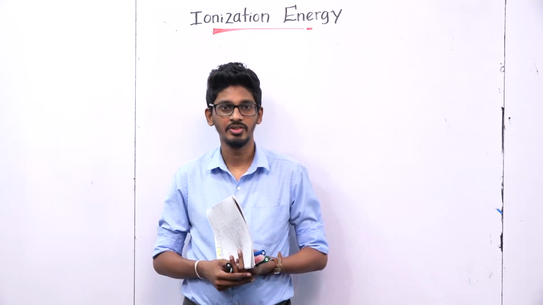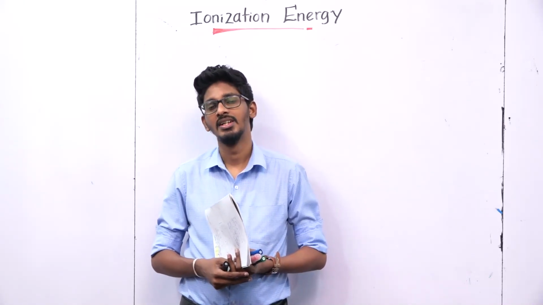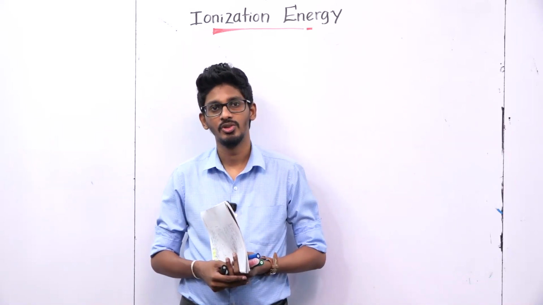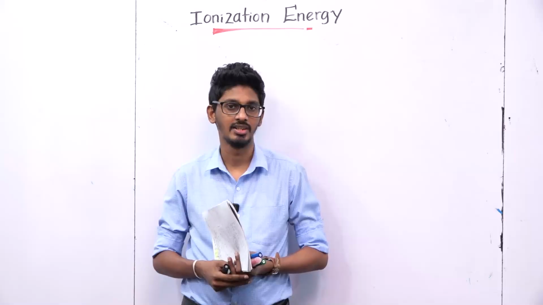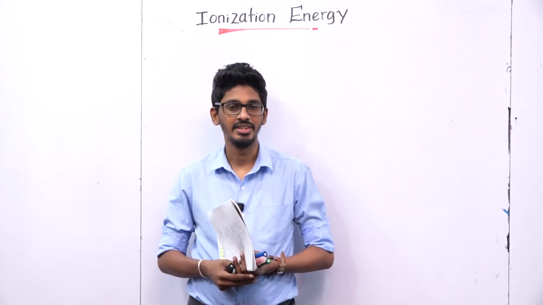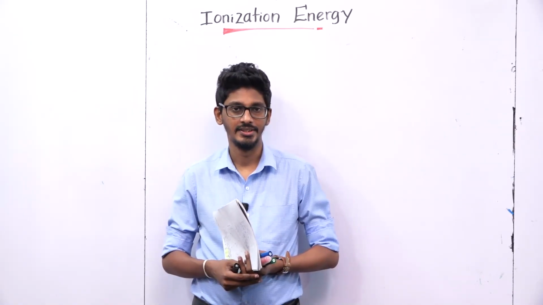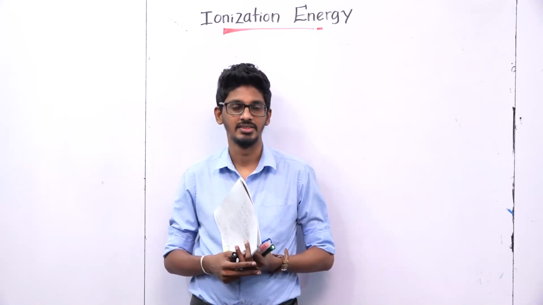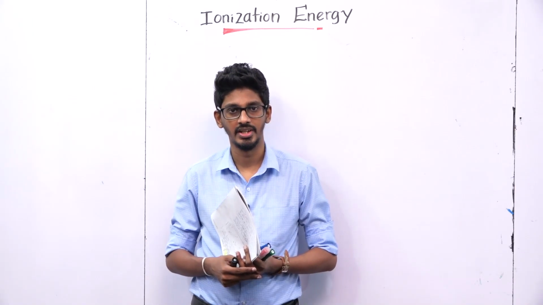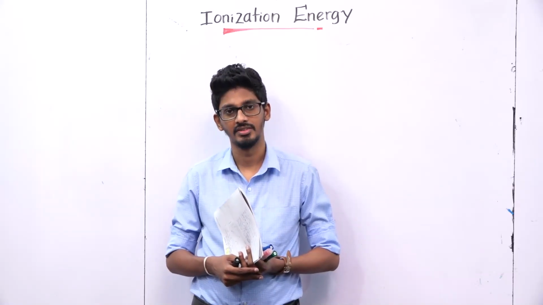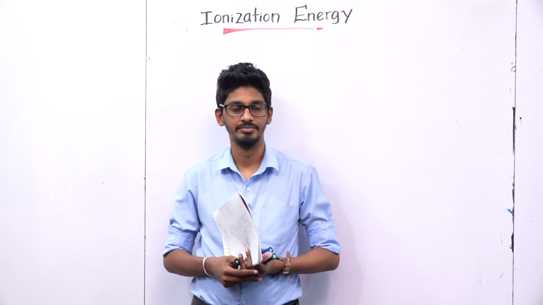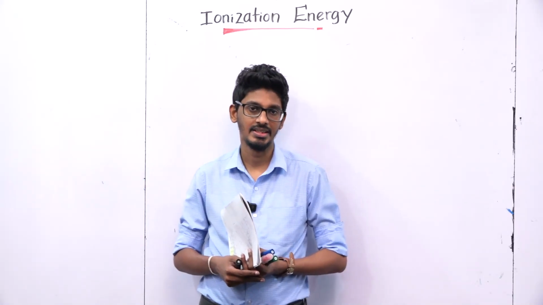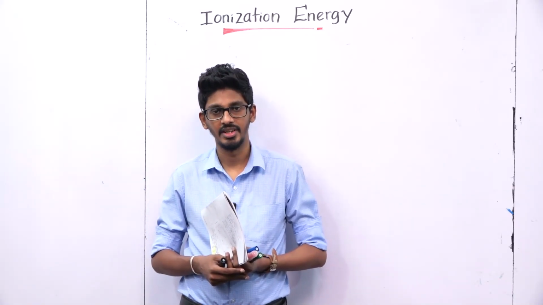In A levels, we are going to discuss thoroughly the reasoning: why we observe such a pattern going towards the right of a period. That is the main focus in A levels.